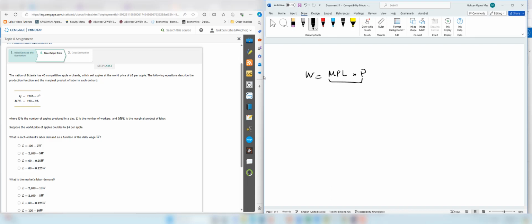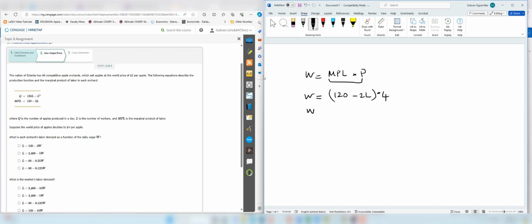Remember, firms hire the amount of workers where the value of their marginal product is equal to the wage. So wage is equal to 120 minus 2L times 4, because the price is now $4.